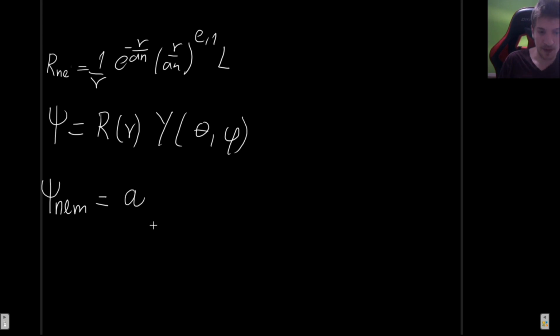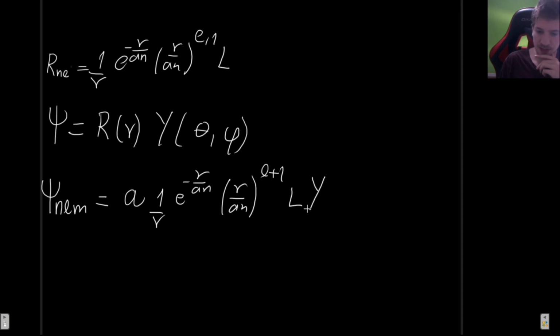Some constant times what we have right here, which is 1 over r e to the minus r over a n times r over a n to the L plus 1 times these Laguerre polynomials times these spherical harmonics. Now this depends on n and L, and these depend on L and m, theta and phi. So this is actually our solution.